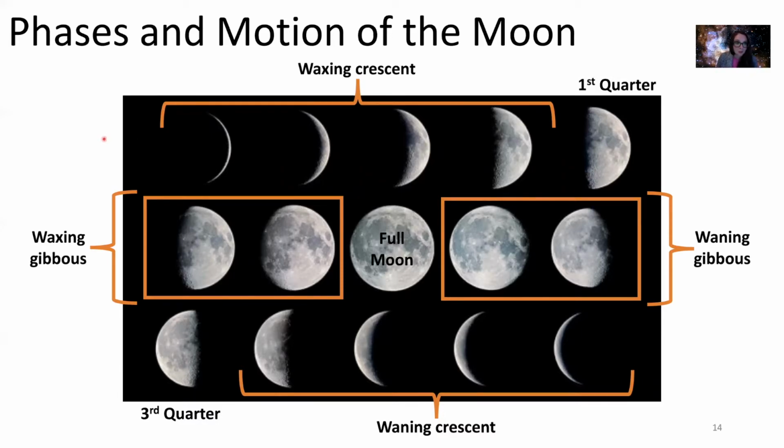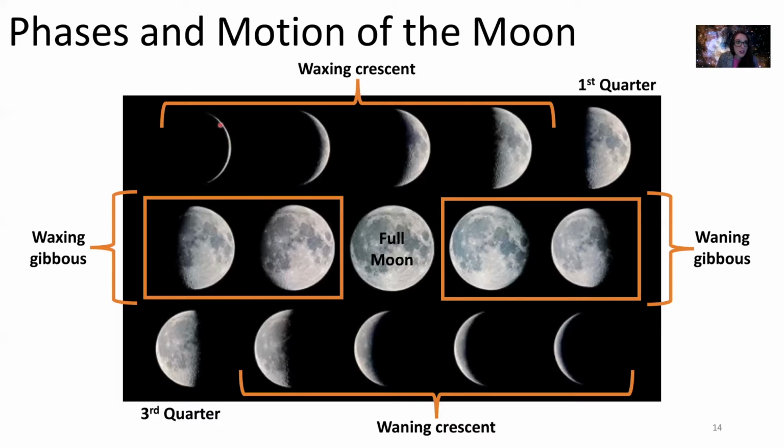And then over the course of the first half of that lunar phase cycle, we are in a part of the phase that we call the waxing phase. Waxing means that the illuminated part of the moon is growing over time. And we have a crescent phase when we have more dark than light.